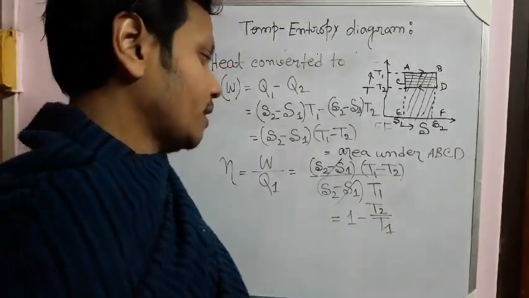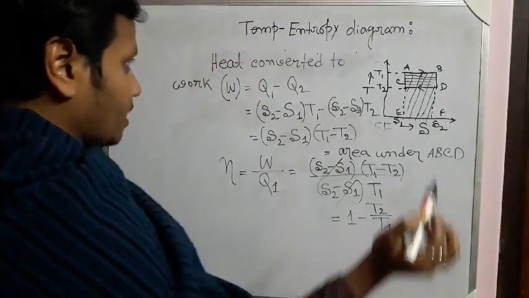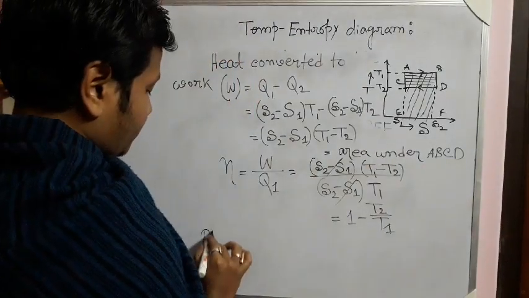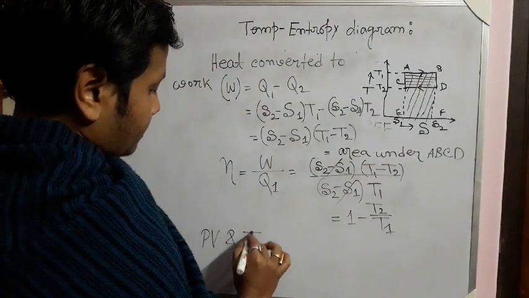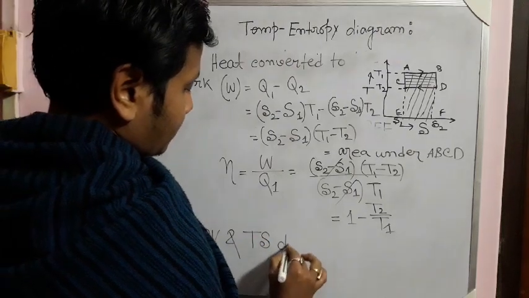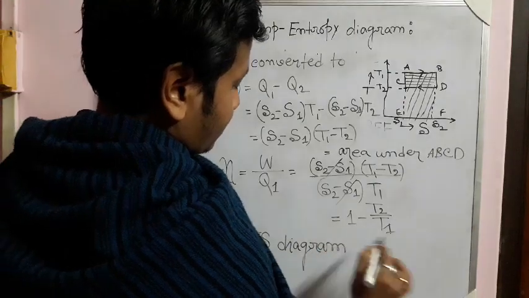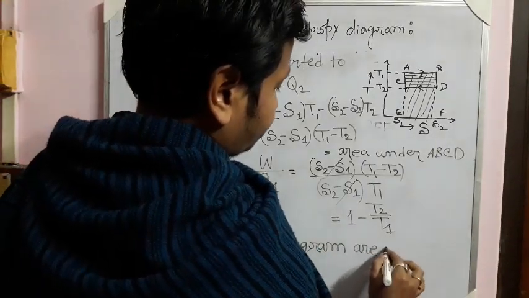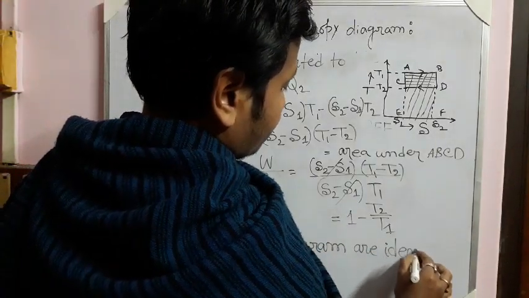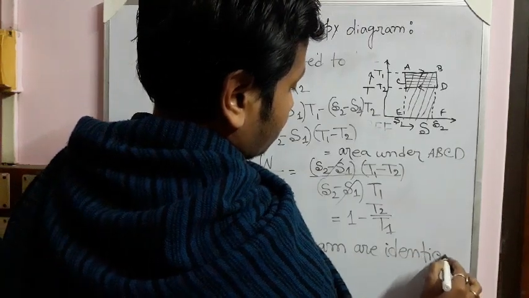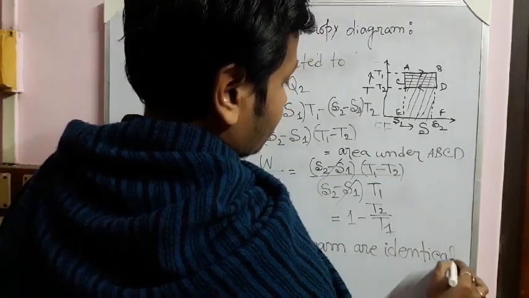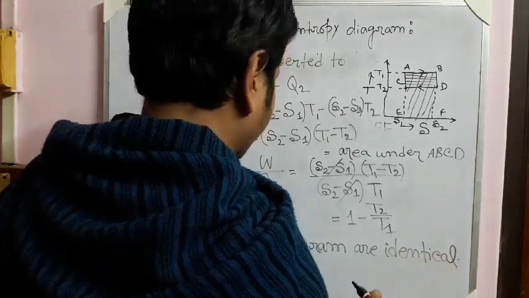obtained in Carnot cycle. Okay, so from here we can easily conclude that PV and TS diagram are identical. PV and TS diagram are identical.